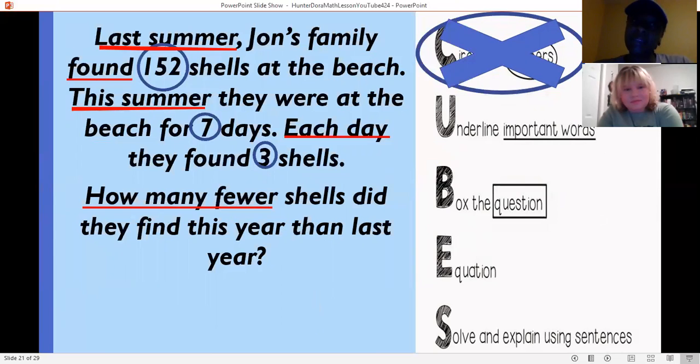We underlined last summer and this summer because that is what we are comparing. And each day tells us that somewhere we are going to multiply. And how many fewer is underlined because that tells us what we need to do to find our solution.